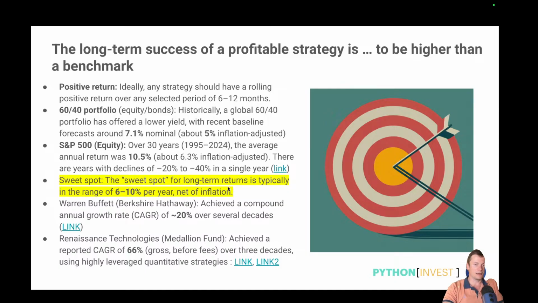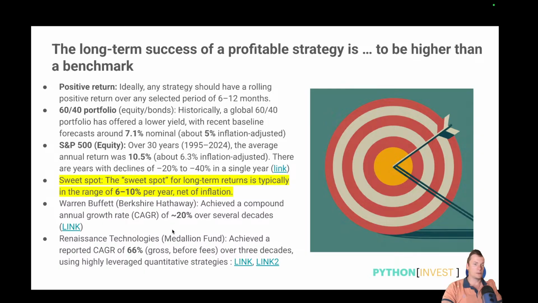You can compare yourself versus the most famous hedge funds and investors like Warren Buffett, who delivered 20% average annual growth rate over several decades. So if you believe that you can be better than Warren, probably you can try to define a higher rate of return for your portfolio.